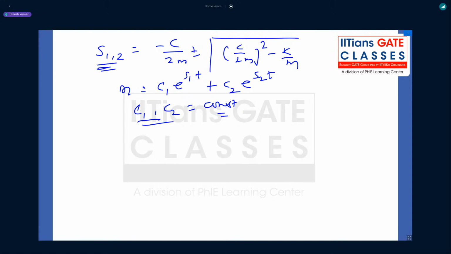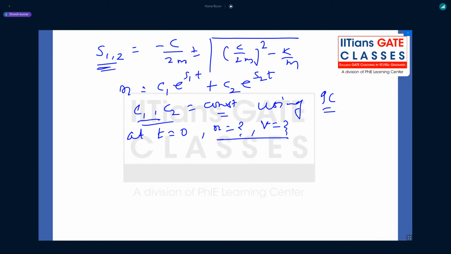We find the values of the constants C1 and C2 using initial conditions. What are those initial conditions? Initial condition means what? At t equal to 0, what is your displacement and what is your velocity? These are your initial conditions.